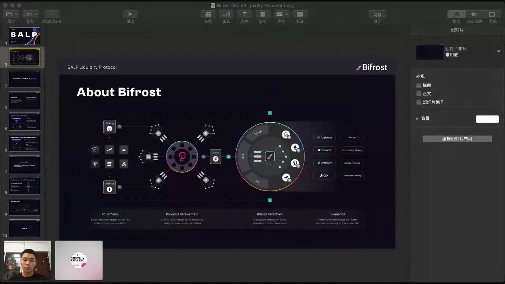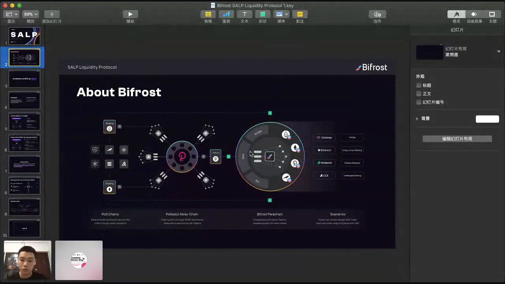We've launched the derivative vToken for staking and Polkadot parachain slot auction, which is this SLP liquidity protocol. In addition, Bifrost has been awarded a Web3 Foundation grant on the development of the EOS bridge, and we are also an early member of the Web3 Bootcamp and Substrate Builders Program.